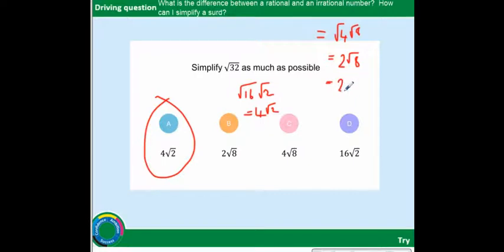You could then continue and say 2 root 4 root 2, which would be 2 multiplied by 2 root 2, which still gives us the answer of 4 root 2, but it's just a much more long-winded way to get to the answer.